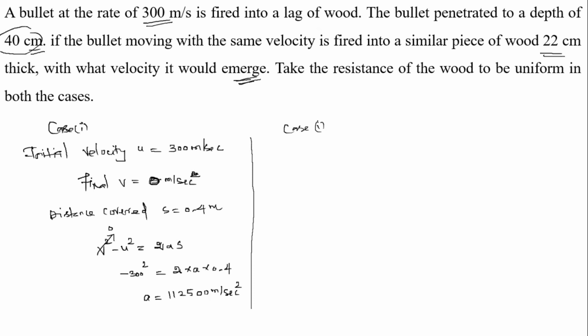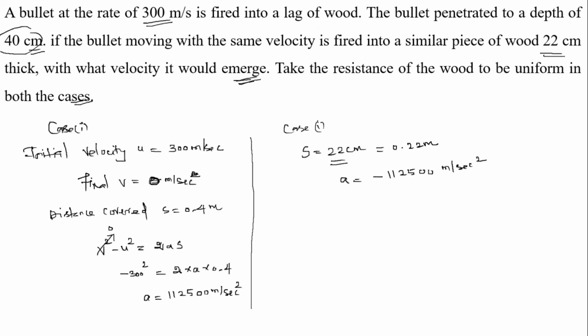So now S is equal to the given 22 centimeter, which is equal to 0.22 meter, and acceleration is minus of the same 112500, because we take the resistance of the wood to be uniform in both cases. So a is in meter per second squared.